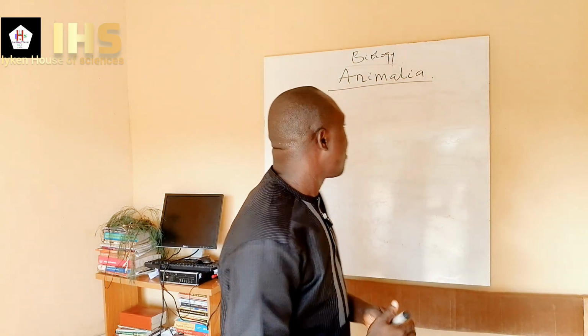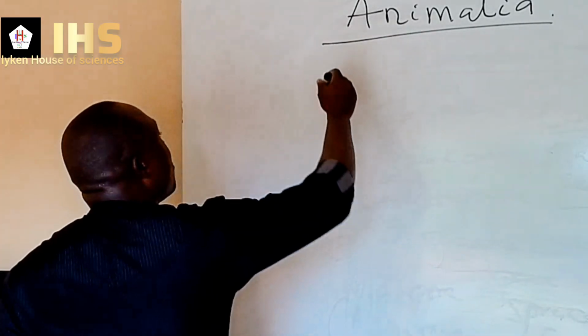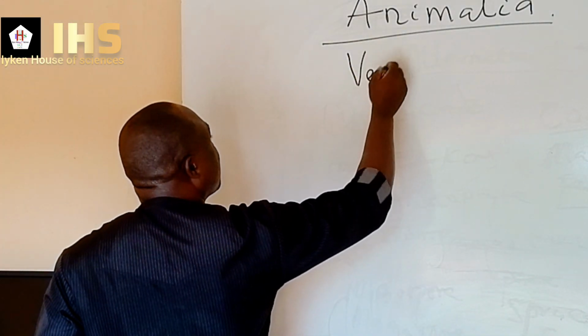Okay, animals can be grouped based on those having backbone and those without backbone. Those animals that have backbones are called vertebrate animals.